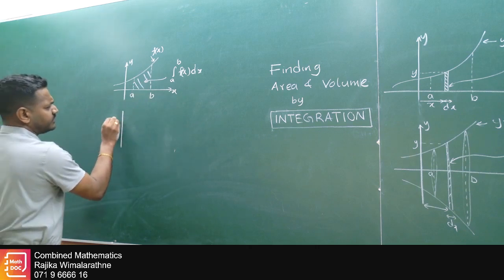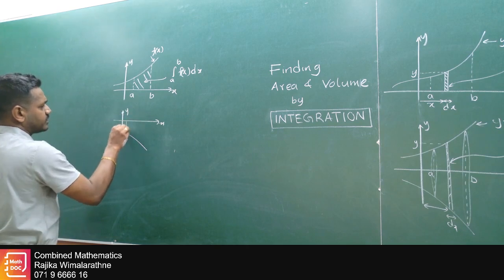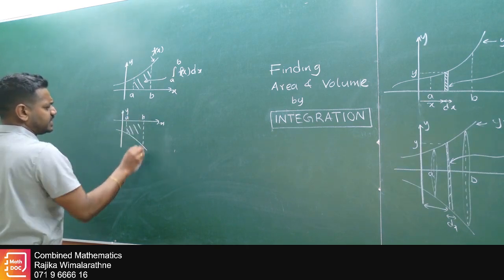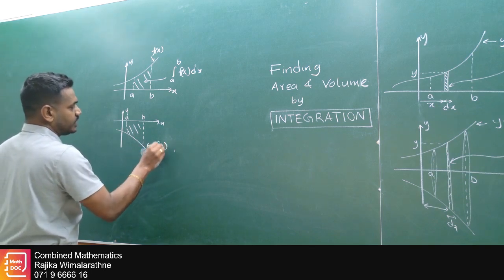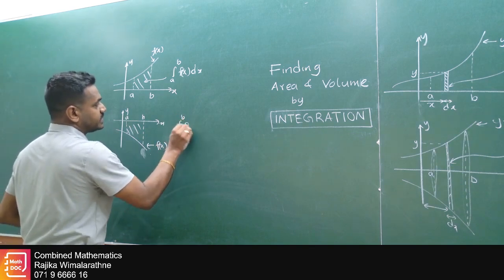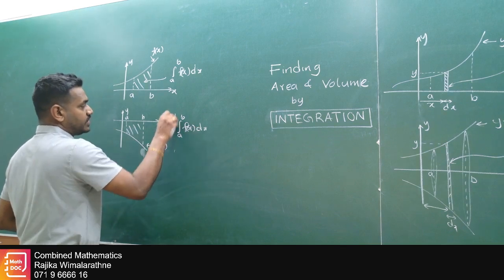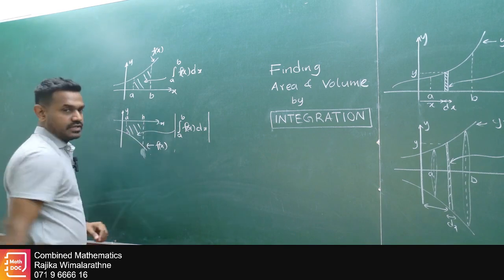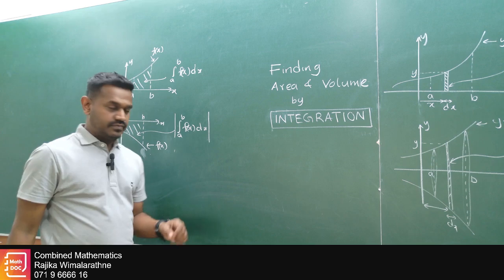With a function like this, here A and B, if you need to find this area, you write here the integral from A to B of f(x), but that is in the fourth quadrant, no? Then you need to put a modulus to get that area. Use the modulus sign because we get a negative value as the result.